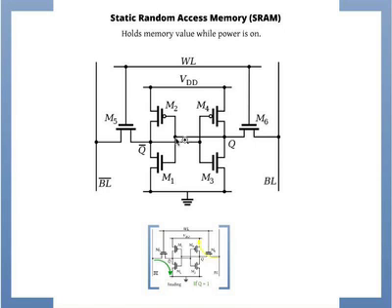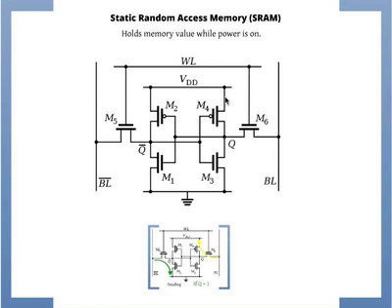Correct. M1 is on. M2 is a PMOS, so its threshold voltage is negative, so positive voltage means off. So that's the first thing to remember, that this transistor is on. Q bar is 0, so if you look over here, which transistor is on? M4 is on. We'll keep that picture in mind.